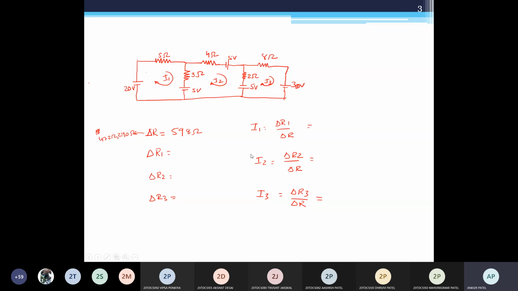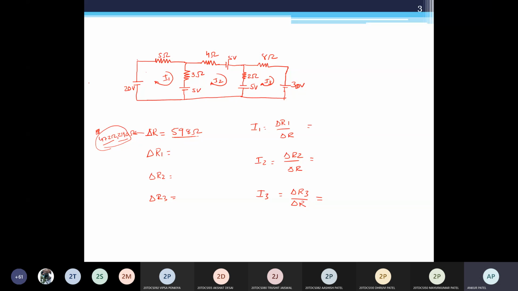Are all of you getting 598? Those who got 472 or 290, please check the equations and find the determinant for the resistance values correctly. So the majority is 598. Now we will check whether we are getting the correct answer or not.